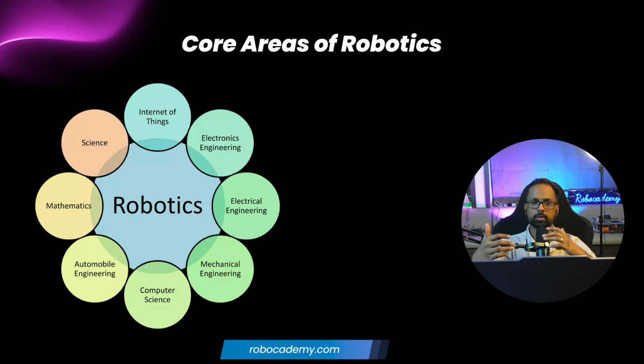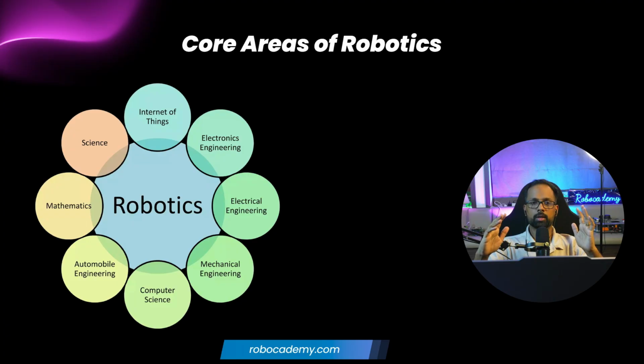For example, if you want to prototype a robot, you have to model it. So in order to do that, you should have some mechanical engineering background, or you should know some CAD modeling. And then, if you want to create some circuit, again, electronics and electrical engineering background will help.